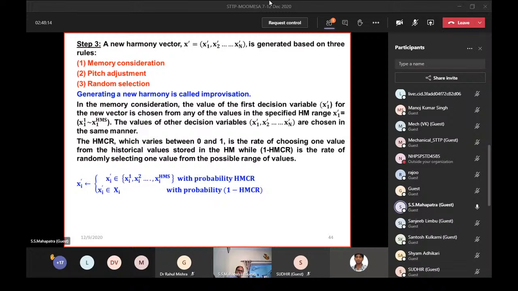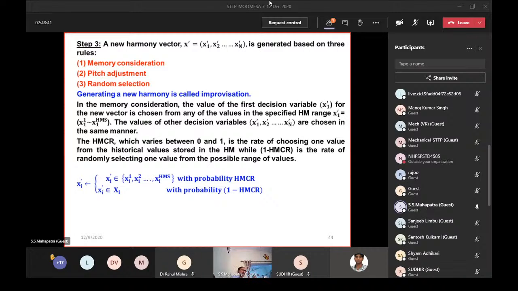Based on that, you can choose from that old, or you can create a new one with a probability. X1 prime will be a new one within the range of x1 xi values. So you can generate a new value with a probability of 1 minus HMCR. With the probability HMCR, you generate a probability.